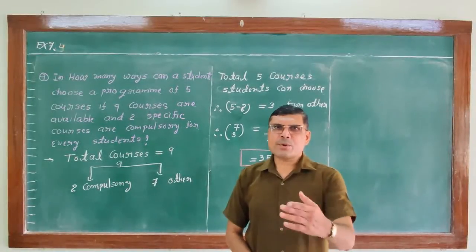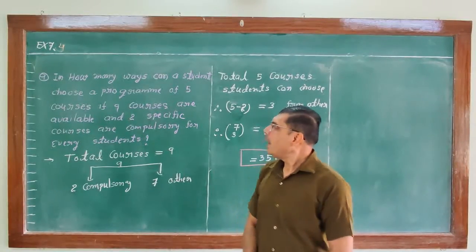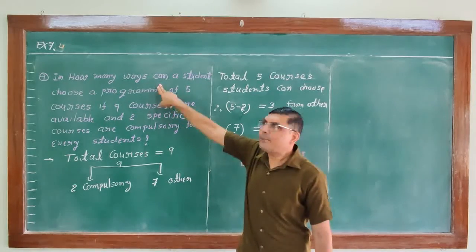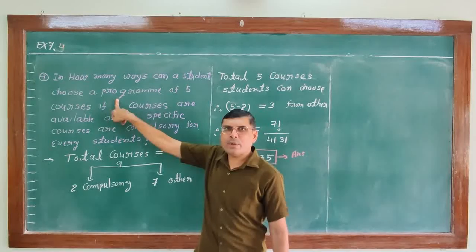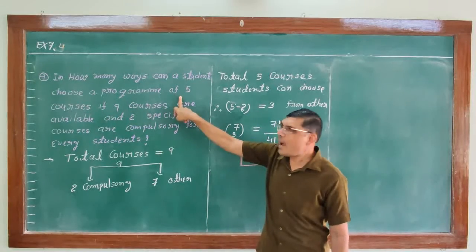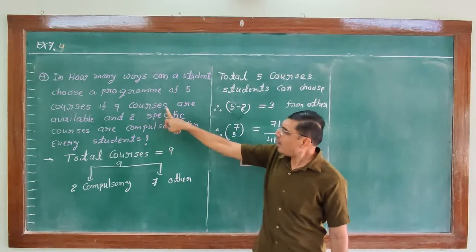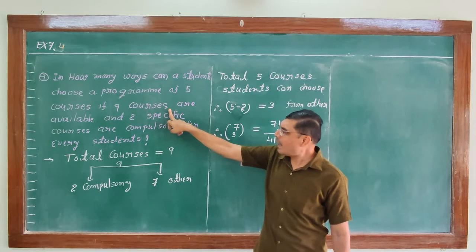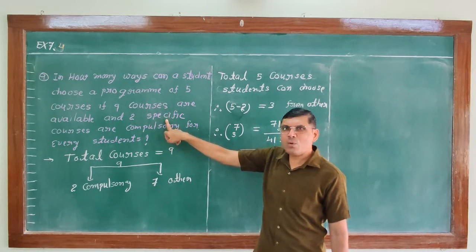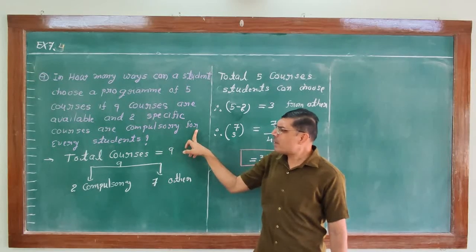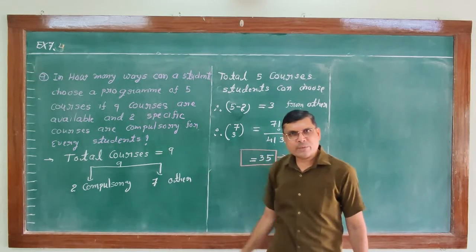Now, last question of this exercise. In how many ways can a student choose a program of 5 courses if 9 courses are available and 2 specified courses are compulsory for every student?